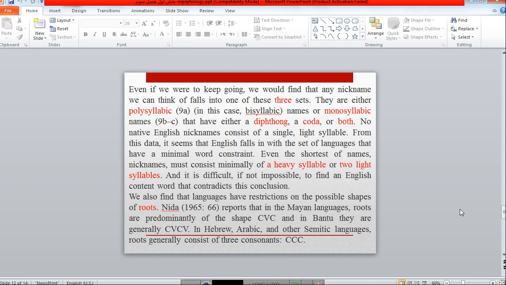Nida reports that, for example, in Mayan languages, roots are predominantly of the shape CVC. In Bantu languages, they are generally CVCV. In Hebrew, Arabic, and other Semitic languages, roots generally consist of three consonants: C, C, C. This is the paradigm which we use in Semitic languages like Arabic and Hebrew.